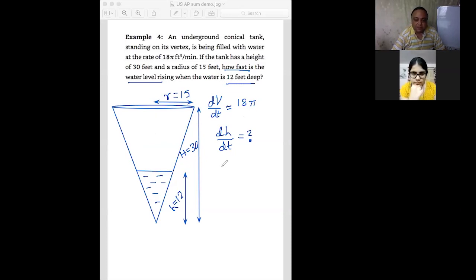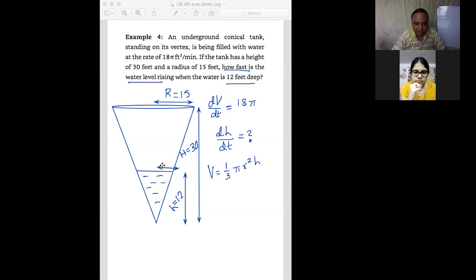Now, what is the mother formula we'll require for this, connecting volume with height? We know the volume of a cone is given by V equal to 1/3 pi r square h. Now, we write this as capital R. This is the radius of the cone, the instantaneous radius which is here.